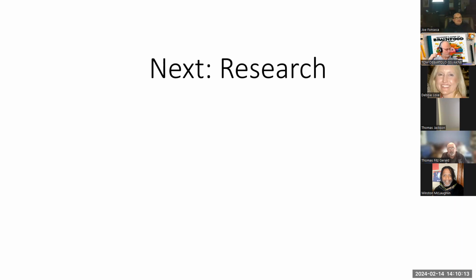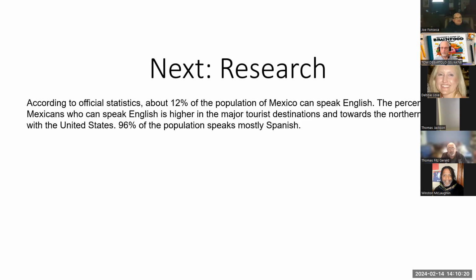The next thing you want to do, actually, you should do this first, is your research. According to official statistics, about 12% of the population of Mexico can speak English.